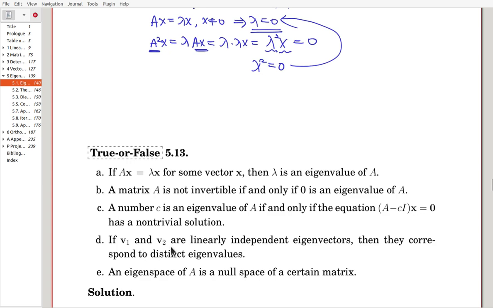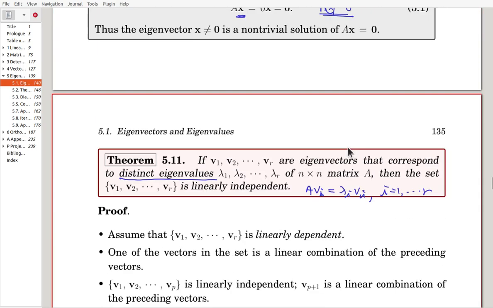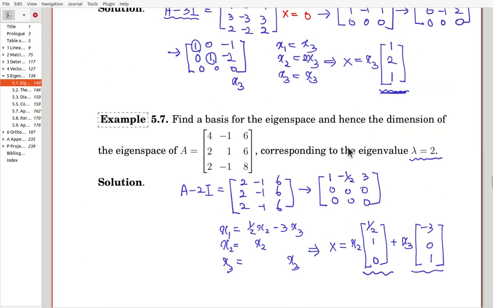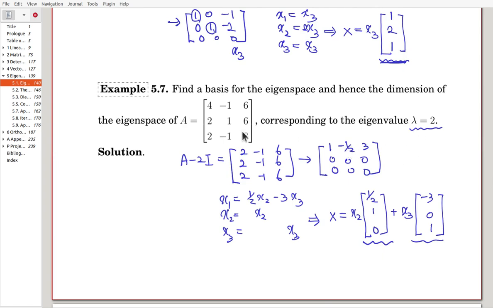If v1 and v2 are linearly independent eigenvectors, then they correspond to distinct eigenvalues. Is it true? Maybe not. Earlier we solved one example where A has two linearly independent eigenvectors for the same eigenvalue. Let's go back to the problem. For this matrix, lambda is 2, but we have two linearly independent eigenvectors.